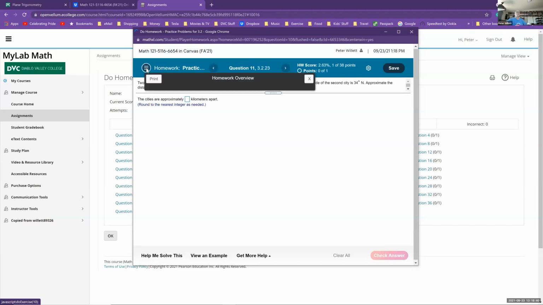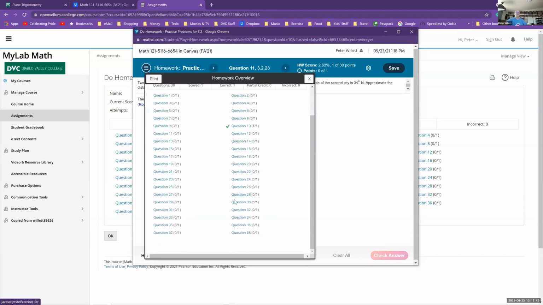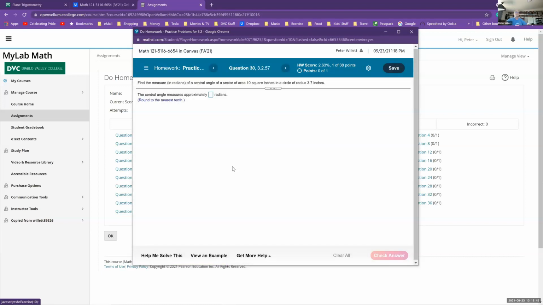Let's see if we can find a sector problem. That would probably be a little further down. Let's take a look at 30 maybe. Find the measure in radians of a central angle of a sector measuring 10 square inches in a circle of radius 3.7. In this case, they want the angle, but they gave us the area. So let me jot this down for you real quick to finish up today.